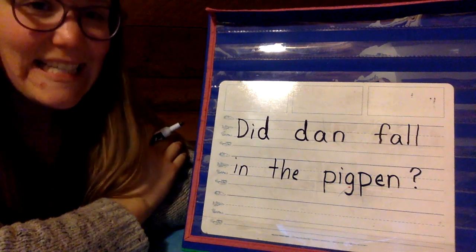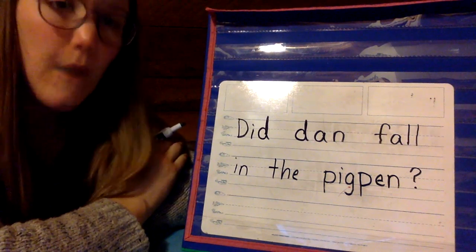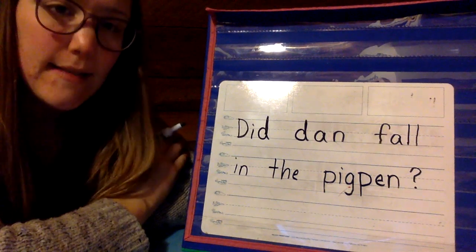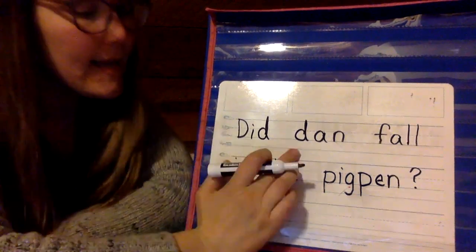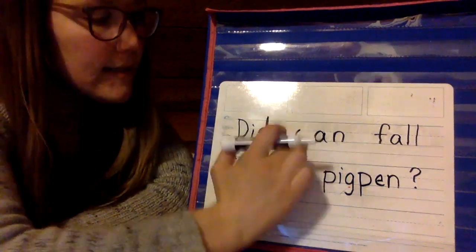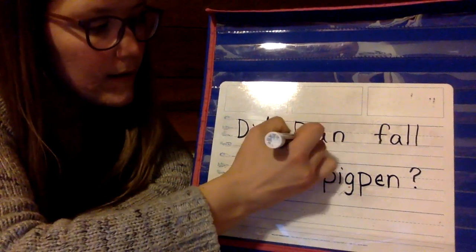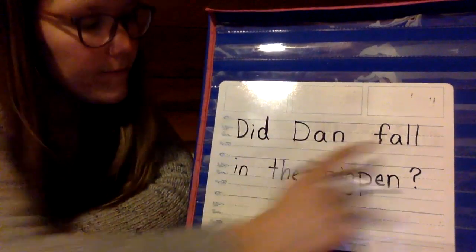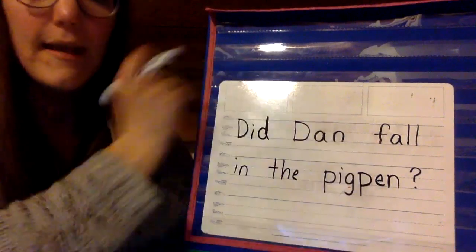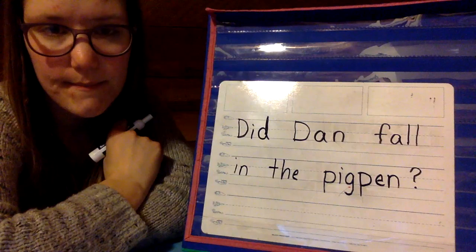Yeah, Dan. Dan is a name. All names are proper nouns. Proper nouns get capitalized. So, did Dan, this is a lowercase d. I need to erase it and make an uppercase D. Did Dan fall in the pig pen? Now that is a good first grade sentence.